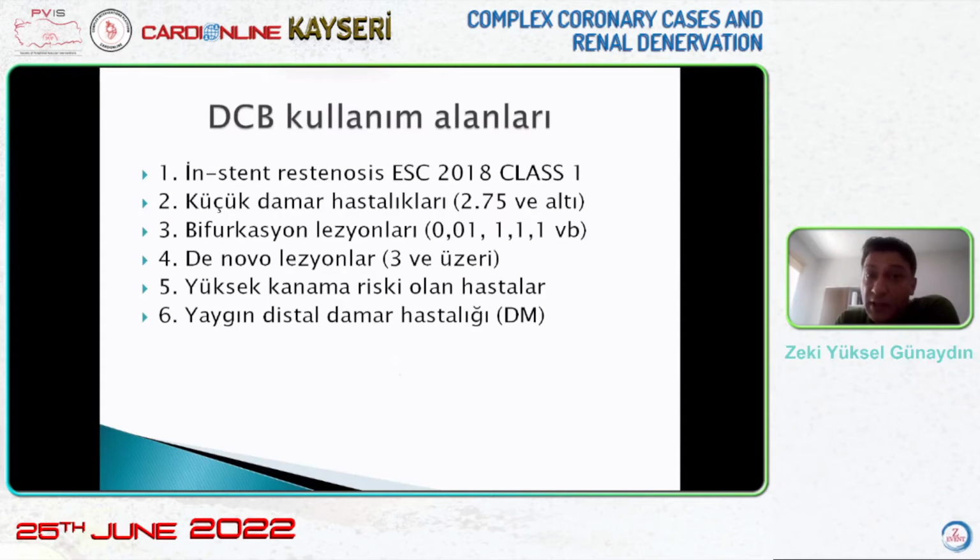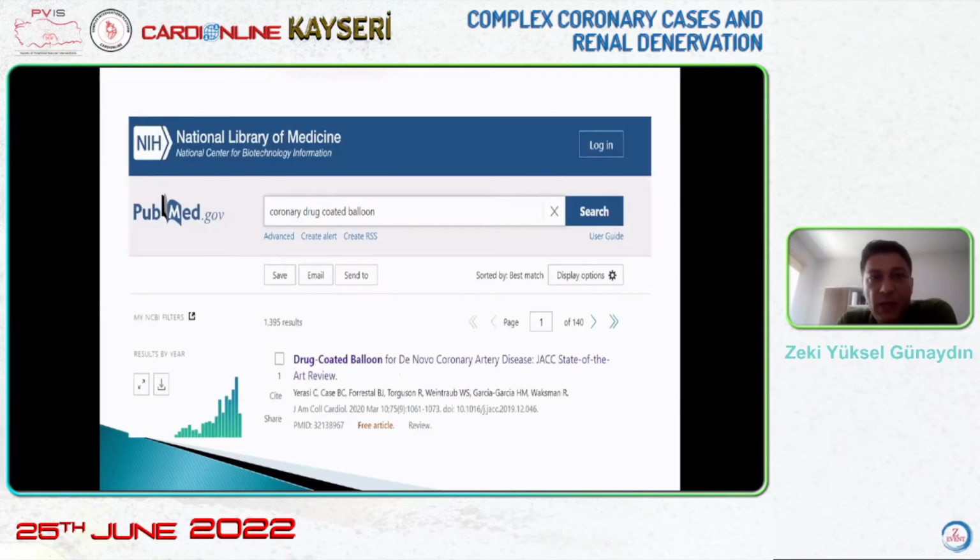When we say small vessel diseases, it is 2.75 and below. And for de novo lesions, the patients with high bleeding risk who cannot use the DAPT for a long time, and the patients with diffuse distal vessel disease, especially diabetic patients, these drug-coated balloons are used.